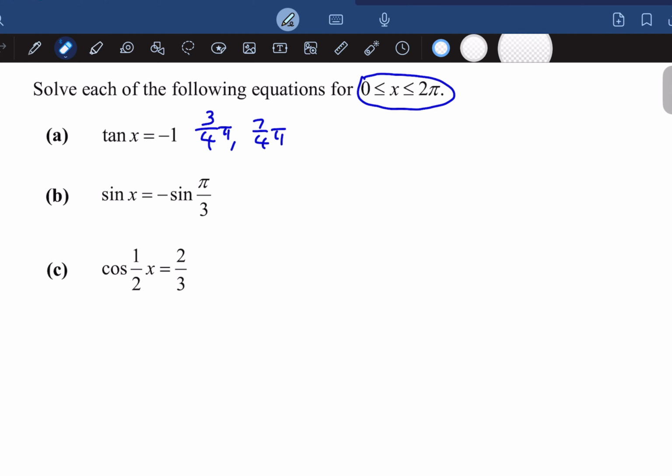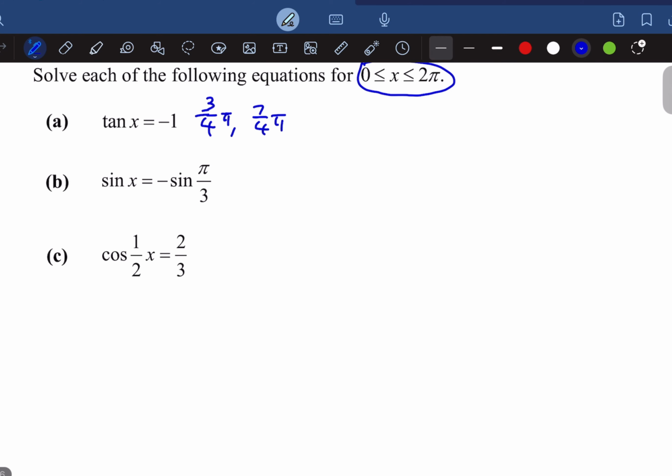So I'll be solving maybe part B. Part B and part A are about the same. How come I choose to go through part B? Because some students may be confused. So part B, sine x equals negative sine pi over 3.